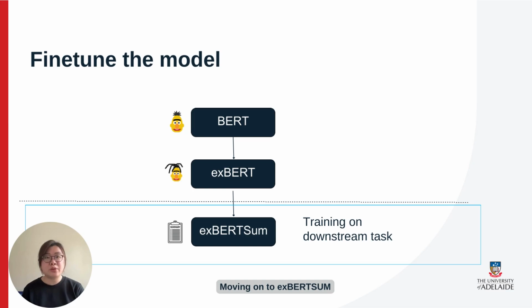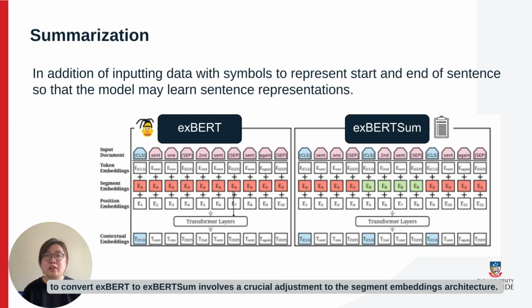Now moving on to XBERTSum. To convert XBERT to XBERTSum, it involves a critical adjustment to the segment embedding architecture. This adaptation is essential to ensure that XBERTSum can effectively generate sentence representations.